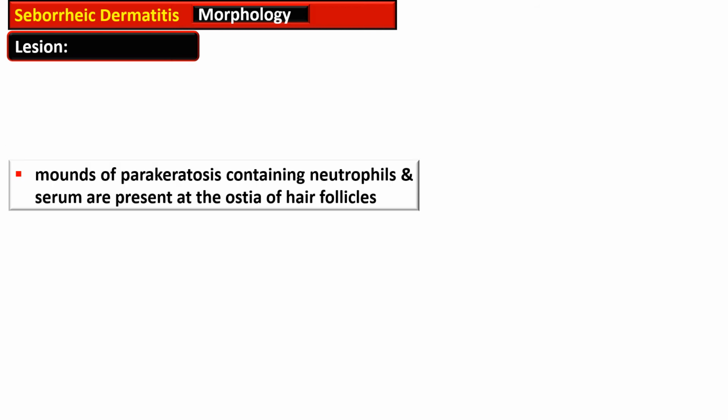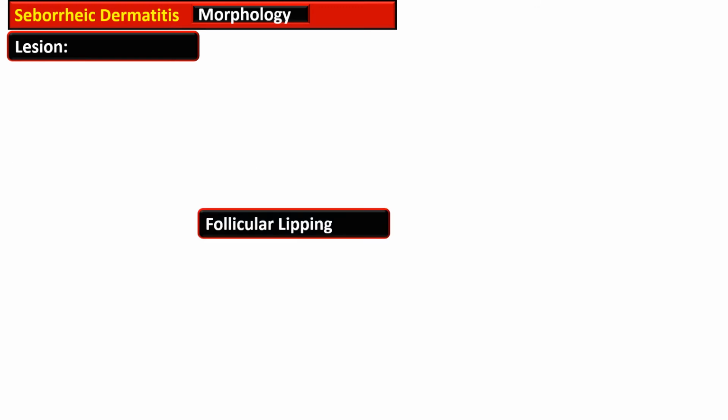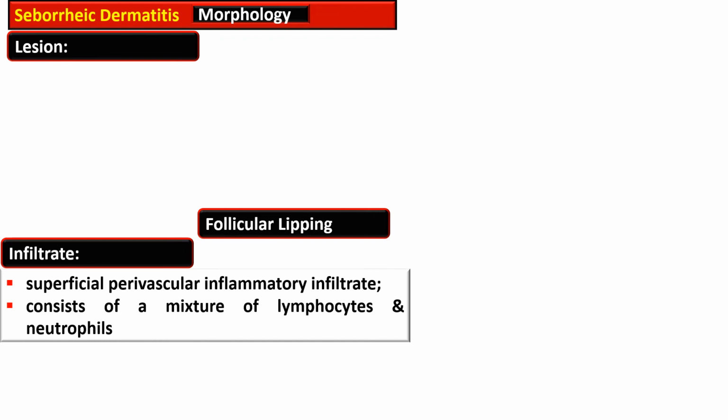There is presence of parakeratosis and neutrophils with serum at the ostia of the hair follicle, which is termed follicular lipping. The infiltrate is present in the superficial perivascular area and consists of a mixture of lymphocytes and neutrophils.